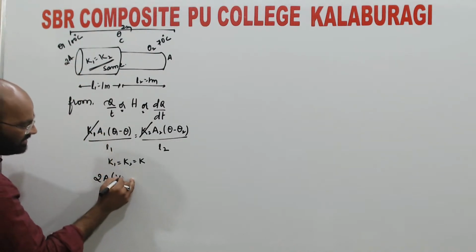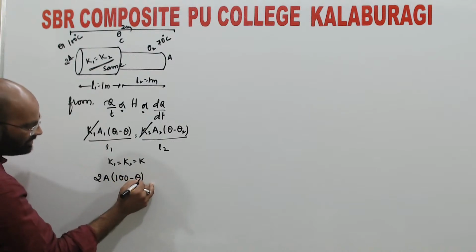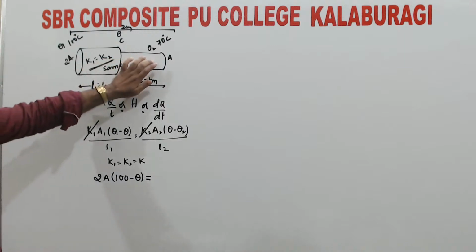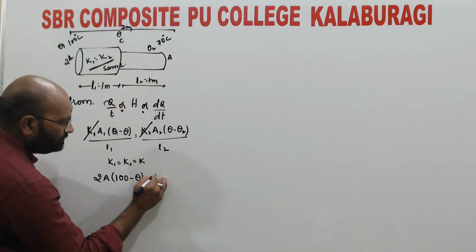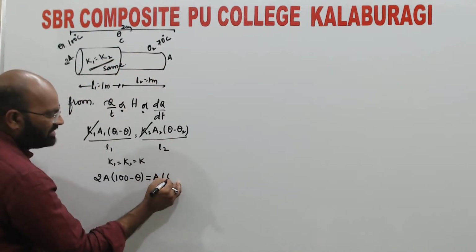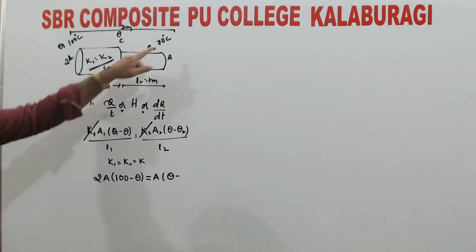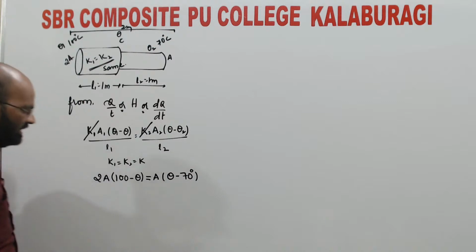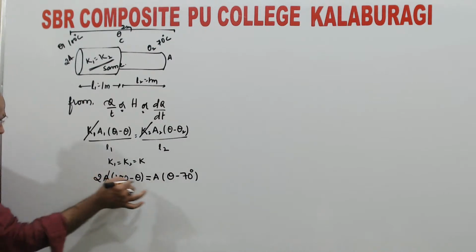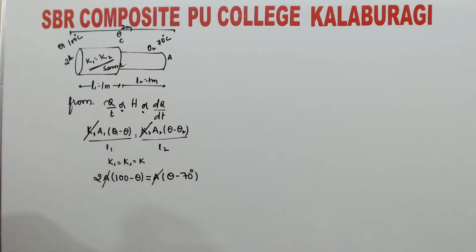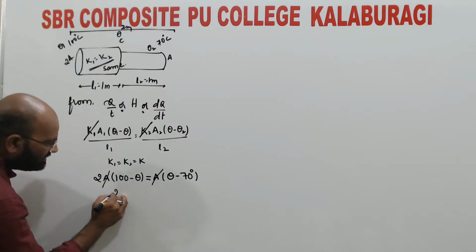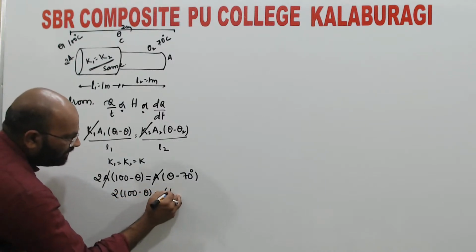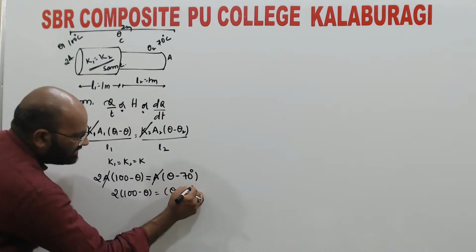So 2A into (100 degrees Celsius minus junction temperature theta) equals A into (theta minus theta 2, which is 70 degrees Celsius). The cross section area A from both sides will cancel. Therefore, we get 2 into (100 minus theta) equals theta minus 70.